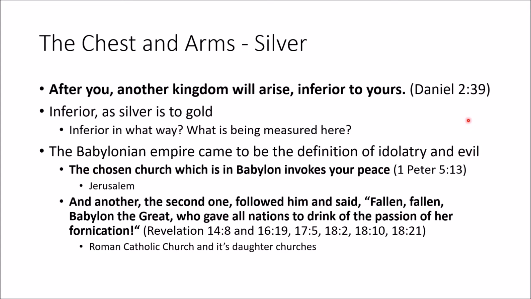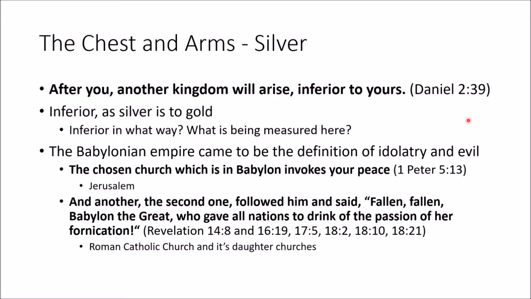So some of those references in the Bible to Babylon being an evil place, I've listed here. First one comes from 1 Peter 5:13, and he says he's writing from the chosen church which is in Babylon, and they invoke your peace. And so what he's actually talking about there, he's in Jerusalem at that time, writing from Jerusalem, and he refers to Jerusalem as being Babylon because it's evil.